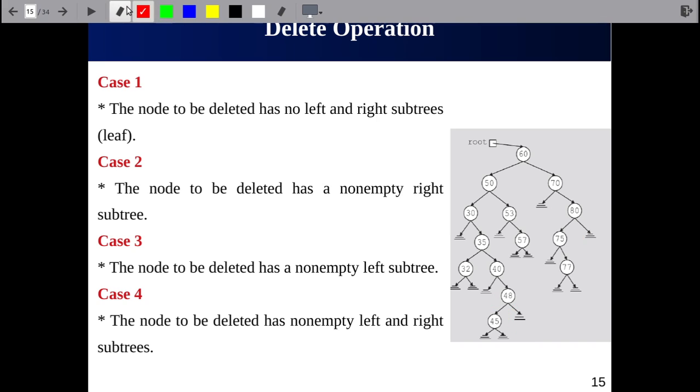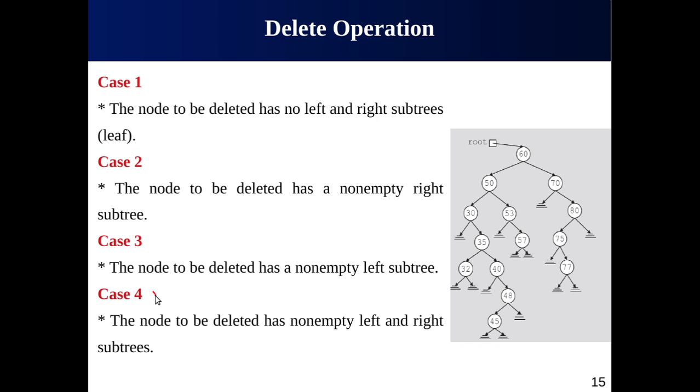And finally, the most difficult case is case number 4. Why is it the most difficult case? Because the node that we want to delete has non-empty left and non-empty right subtrees. In other words, the node that we want to delete has the left and right subtrees available. An example of the fourth case: let's suppose we want to delete 50.